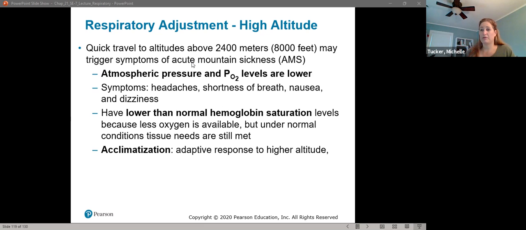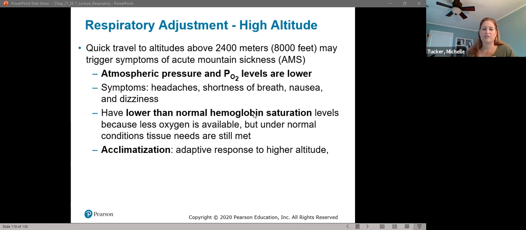And the further up you go, the worse it gets. So at altitude, atmospheric pressure and PO2 levels are lower. Acutely, this results in acute mountain sickness. Symptoms are headaches, shortness of breath, nausea, and dizziness.